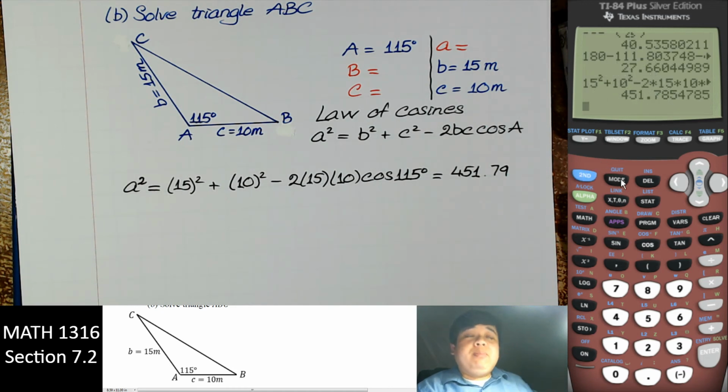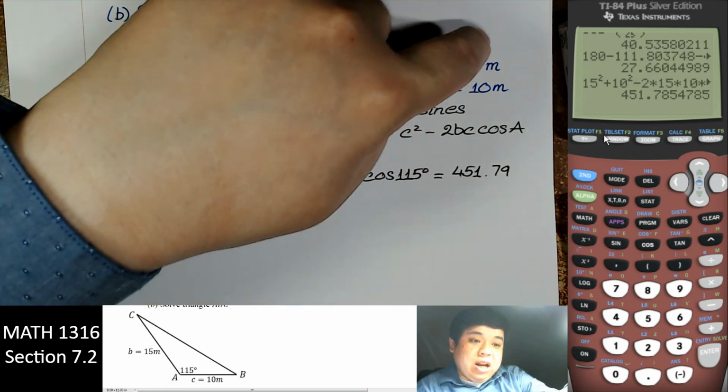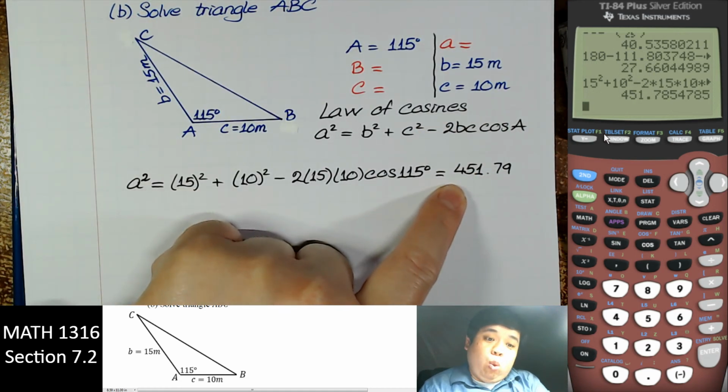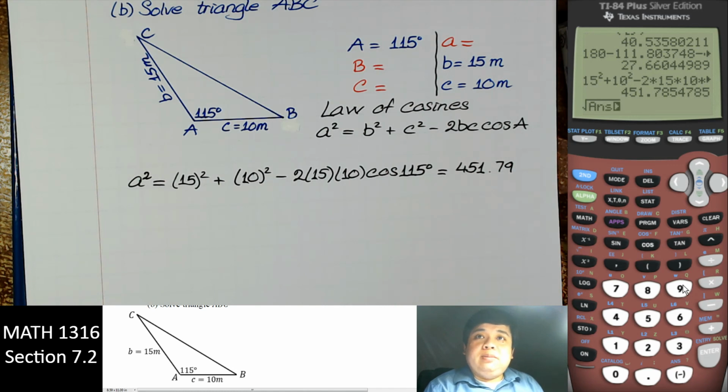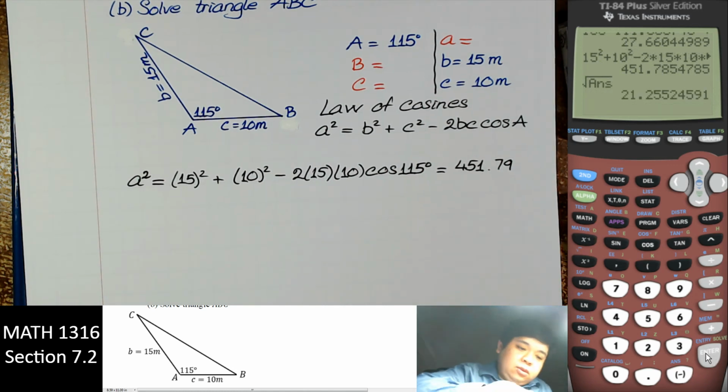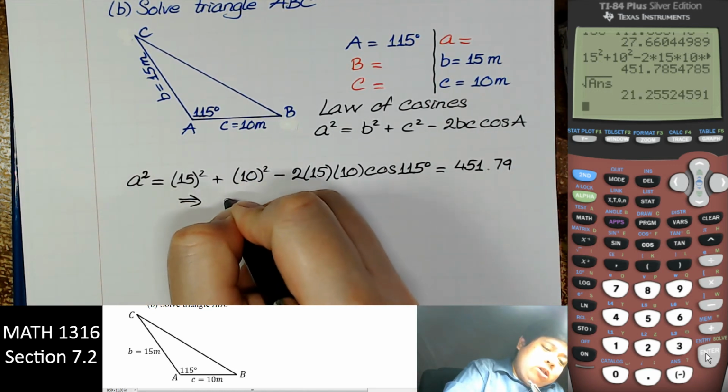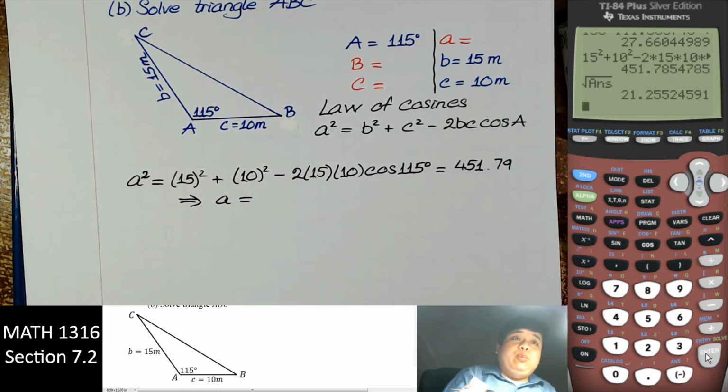This is a squared, because if we put that in here, that side is way too big compared to the other two, and we won't have a triangle. So we just take the square root of that. Usually when we take the square root to solve for it, I put plus or minus.